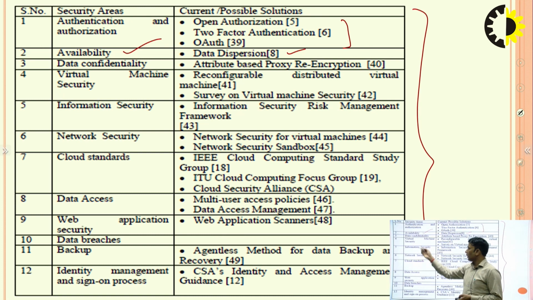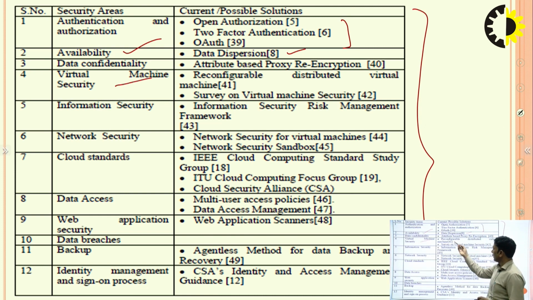Another issue is data confidentiality, and for that there is the attribute based proxy re-encryption technique. For virtual machine security, there are reconfigurable distributed virtual machines or surveys on virtual machine security. For information security, an information security risk management framework can be used. For network security, network security for virtual machines as well as network security for sandboxes can be used.